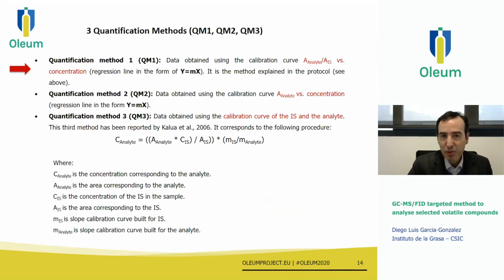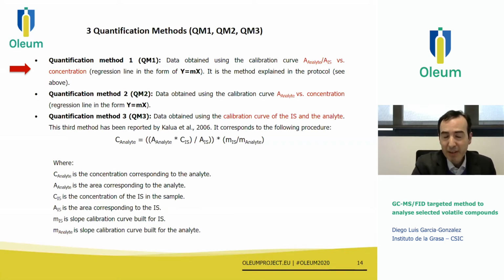In addition to this quantification procedure, we tested two other quantification procedures. We also tested the calibration curves, but in this case without the correction by the internal standard. And we also tested a third quantification method, in this case using a calibration curve of the internal standard and the analytes.